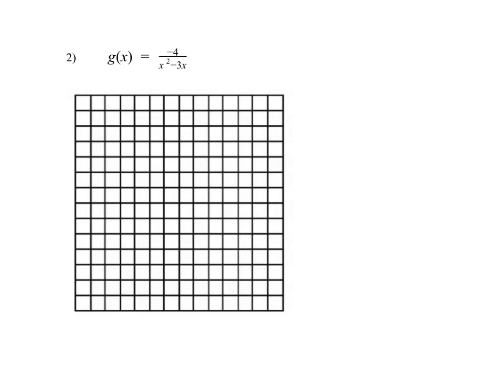So again, we'll factor it. Negative 4 in the numerator, and the denominator is x times the quantity x minus 3. Then we can find our zeros, which would be when the numerator equals 0. But negative 4 is never going to equal 0, so there's not one.